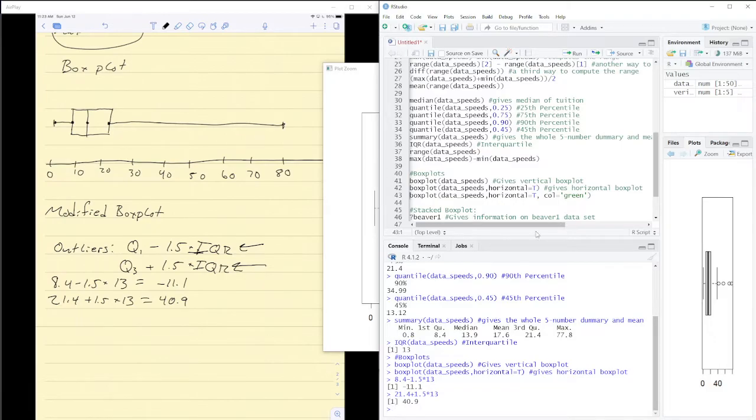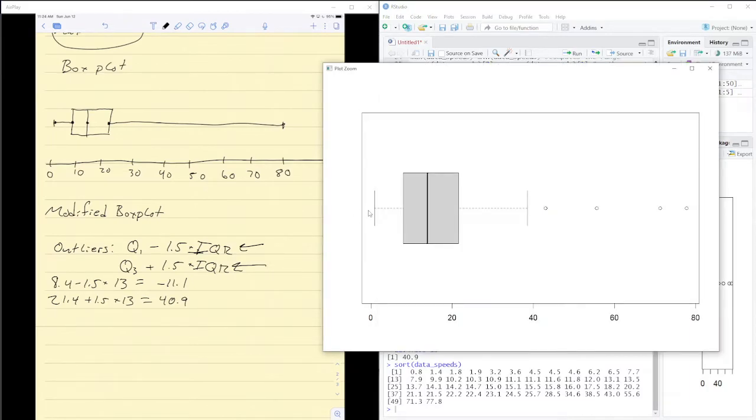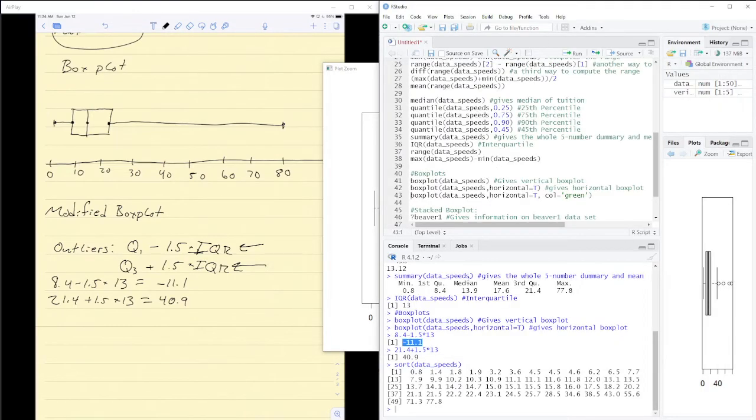So let's take a look at the data. We can use the command sort data speeds. Notice there's no value less than negative 11.1. So in this box plot here, there are no isolated points to the left. But let's look at points bigger than 40.9.